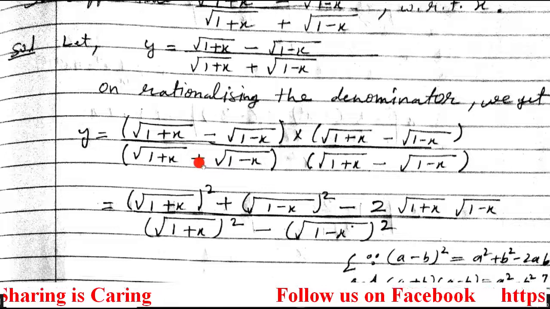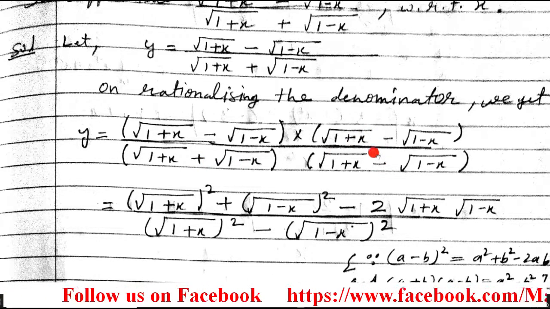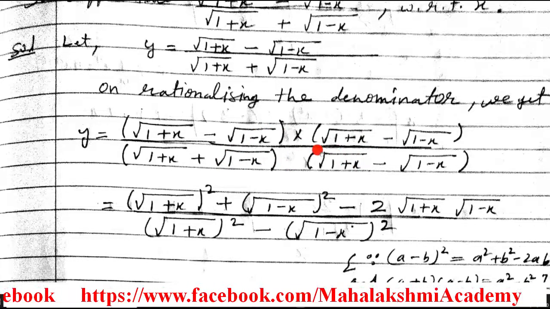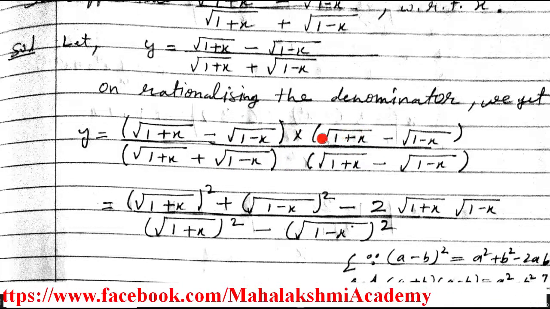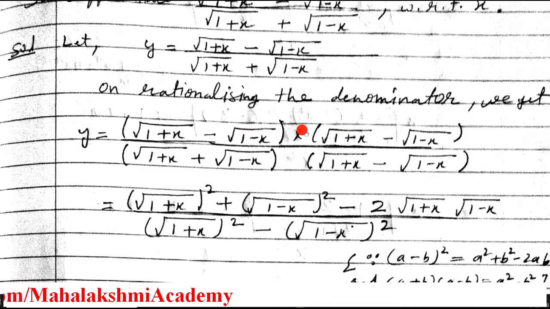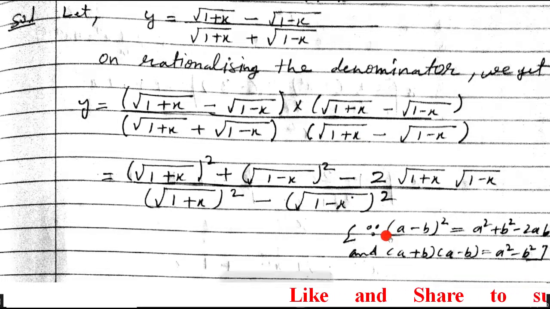When we rationalize here, plus sign is there, so we multiply with minus sign, and when you rationalize, you will observe that this bracket and this bracket are same. So we can use the formula of (a minus b) whole square, and here in the denominator it is in the form of (a plus b)(a minus b). So we are going to use the formula (a minus b) whole square.